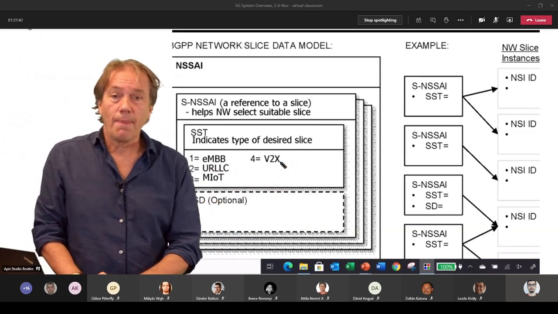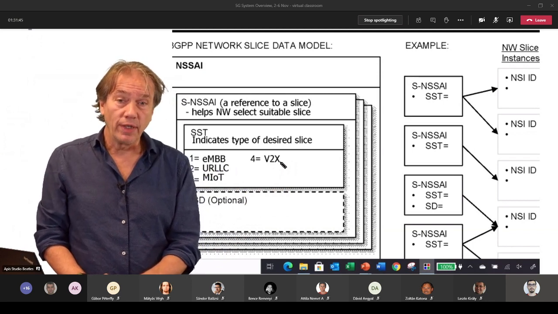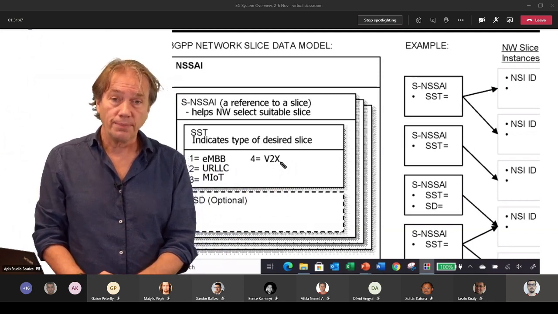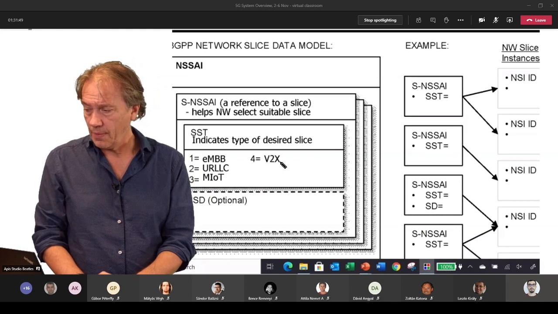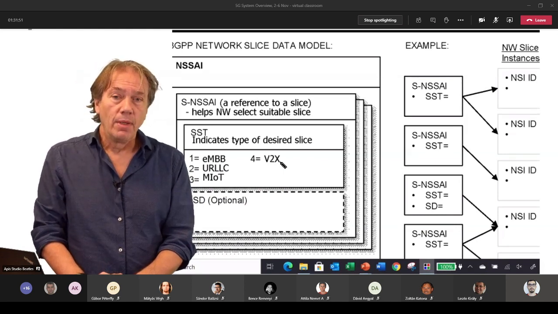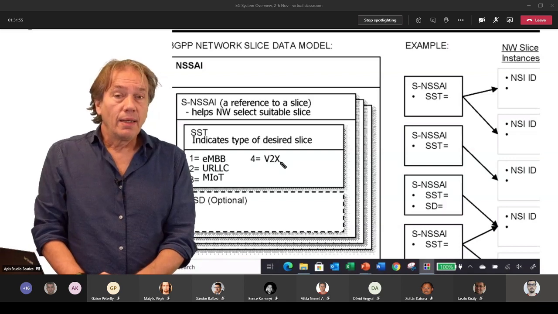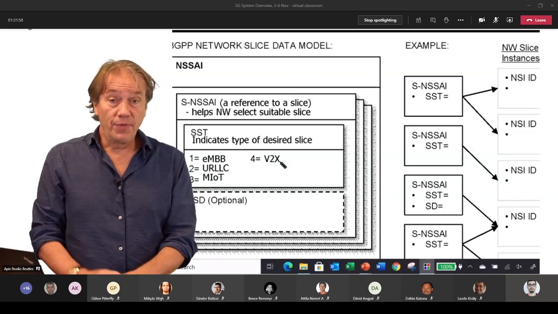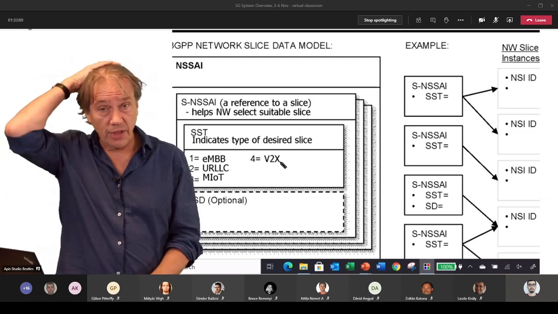But communication involving at least one vehicle. These are standardized SST values.